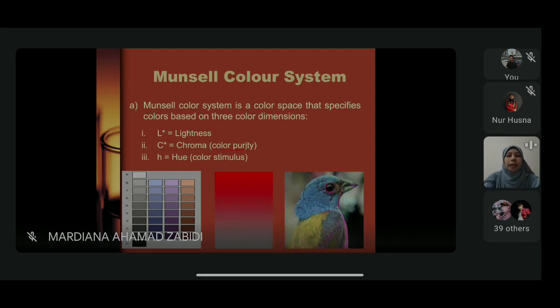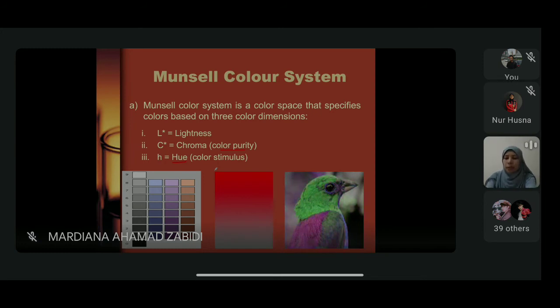Color purity means whether it is red, as in pure red, or it is a mixture of red and orange. Okay, the purity of that particular product. Hue is the color stimulus. Color stimulus means whether it falls under the red region, blue region, or green or yellow. So that is the hue of the color.